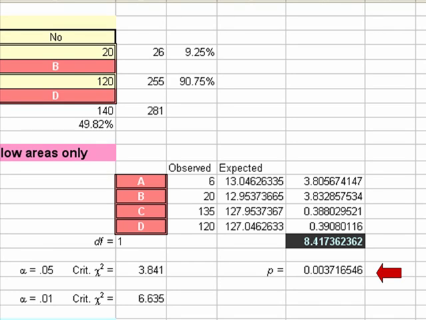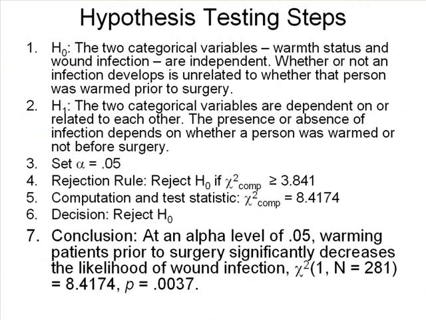Now, the reason there's a leading zero before the decimal is because stat programs usually don't follow APA format. But as nurses, we need to. So here, we'll leave the zero off that's before the decimal. And we'll just write p equals .0037. And that is the last of step 7.